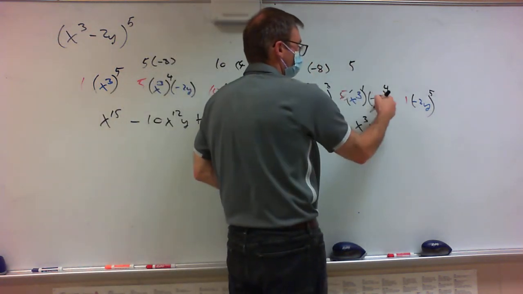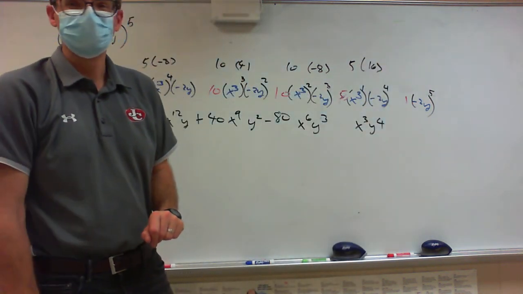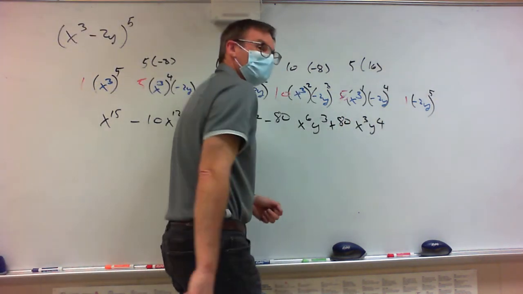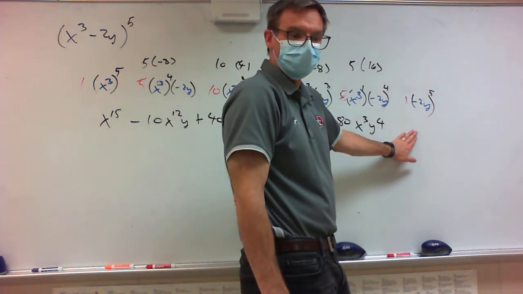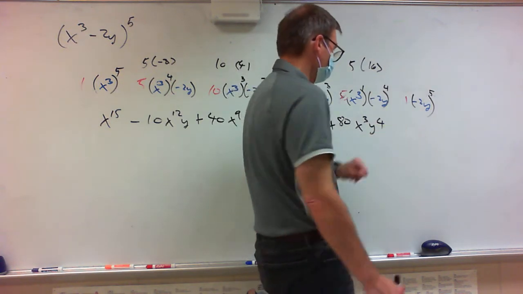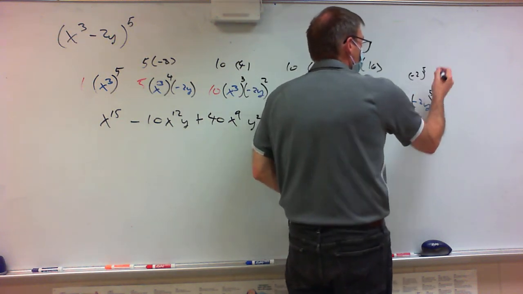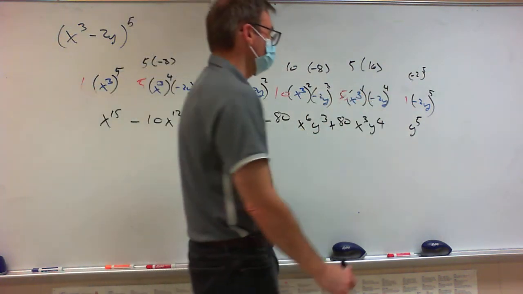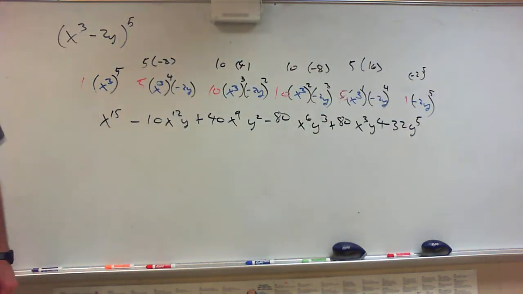Well, there's a 5, and the negative 2 to the 4th gives you 16. So what goes here? 80, but it's positive. And we do our last one. What are the letters? Y to the 5th. And then, what's negative 2 to the 5th? Negative 32. So I end up with a minus 32. These are tedious.